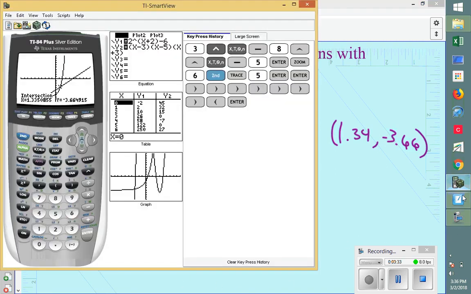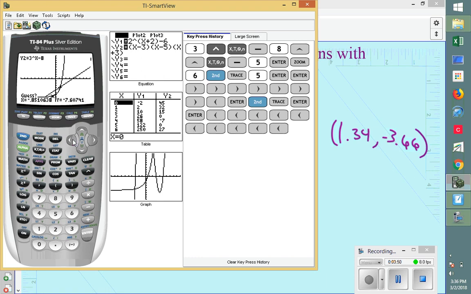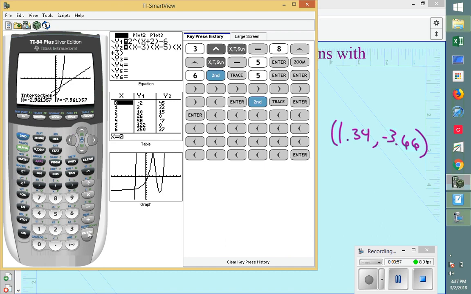So let's get the other. So I'm going to do that process again. So second, calculate, number 5, intersect. First curve, enter. Second curve, enter. Guess, putting it over, using the left arrow to get it over to this other point of intersection right about there, and enter.